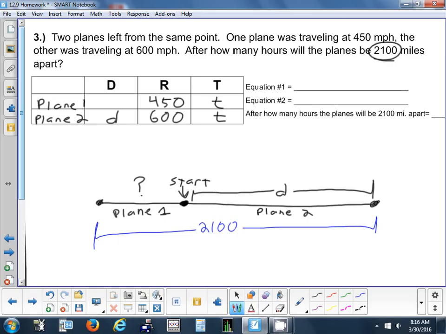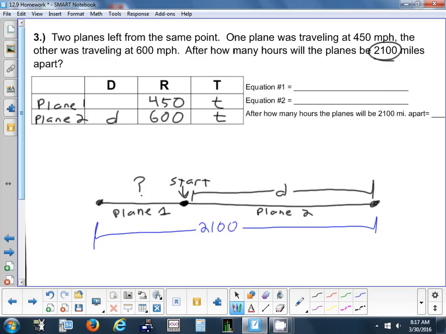Let's say you're driving with a friend, and you want to know when you're 2,100 miles apart. If you drive D miles and you want to get rid of that part and figure out how far the other part is, what operation would you do to get rid of the D part? Yeah, if you subtract it from the 2100, that tells you what's left.